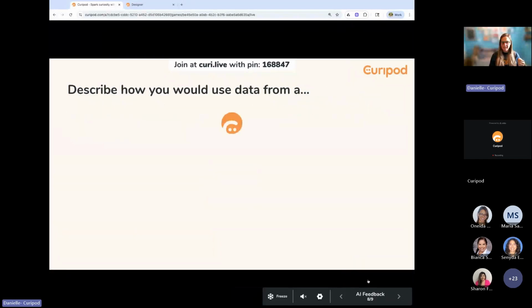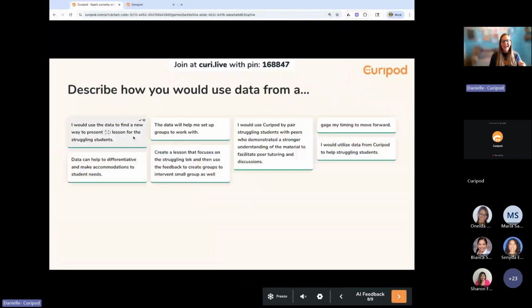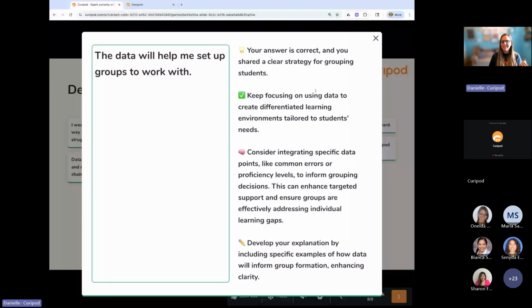You're going to get feedback. This is good. I'm curious to see what this feedback is, because actually I asked Curipod to generate this lesson for me. So I'm curious to see what kind of feedback you get. Keep focusing on using data. Your answer is correct, and you shared a clear strategy. Love this. Consider integrating specific data points.